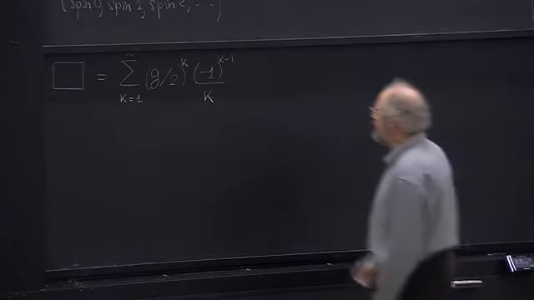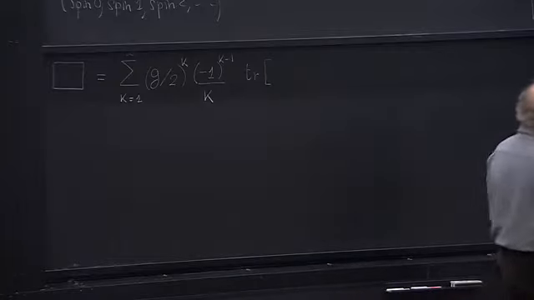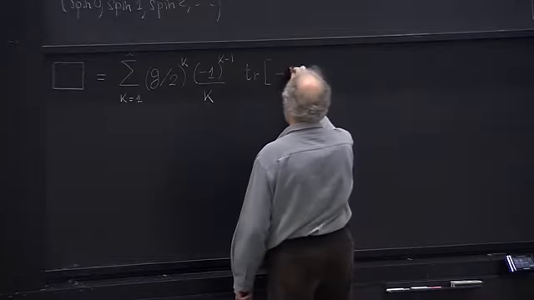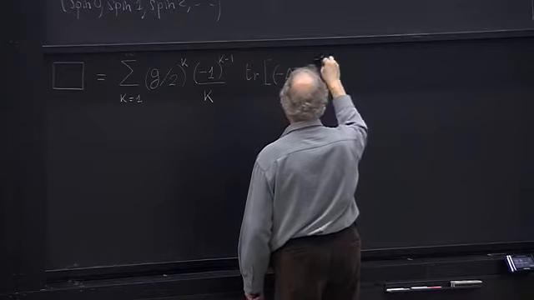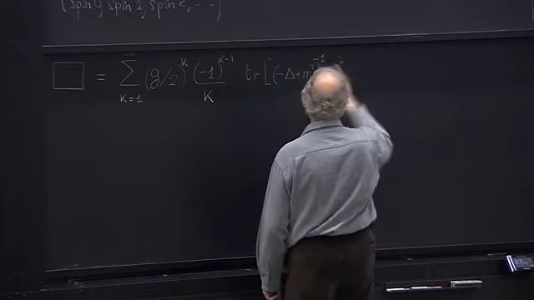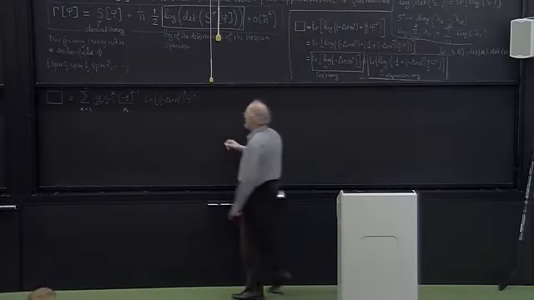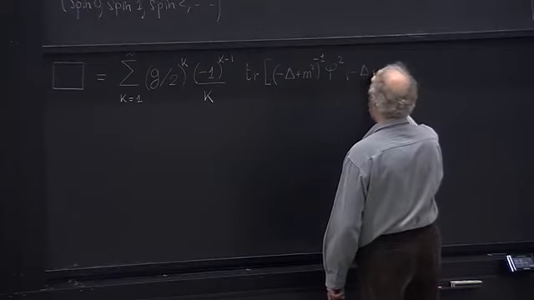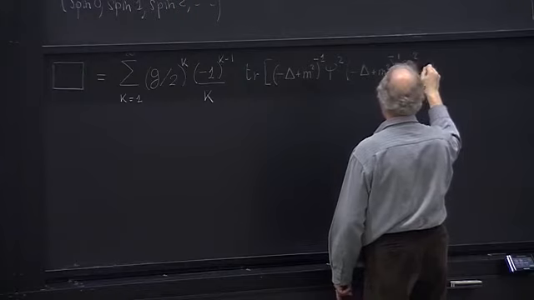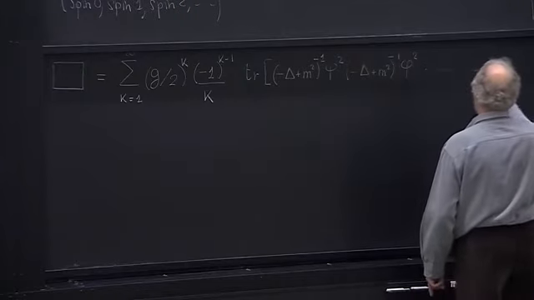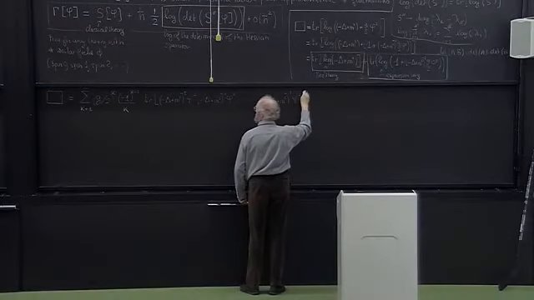And then I get the trace of the operator minus delta plus m squared minus 1 times phi squared once. And then I repeat this, up to minus delta plus m squared minus 1 phi squared.